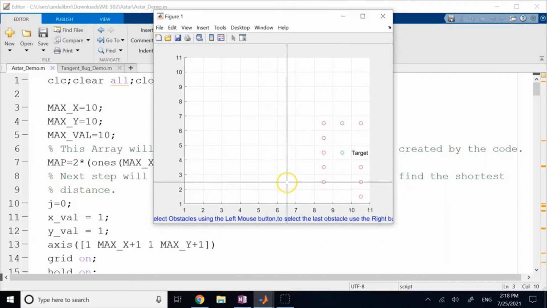Then we have here, here, here, here, here.